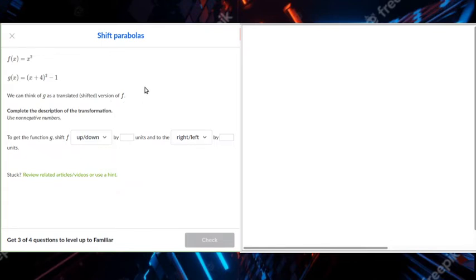Okay, so let me write these down because we're going to talk about the vertex form here in a second. And g of x is equal to (x plus 4) squared minus 1.